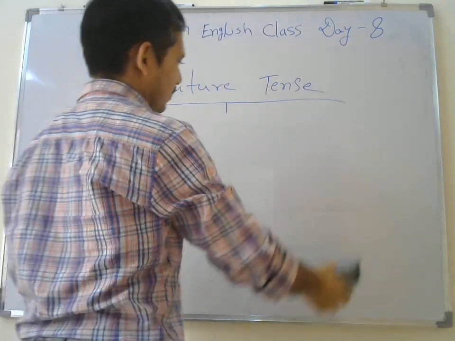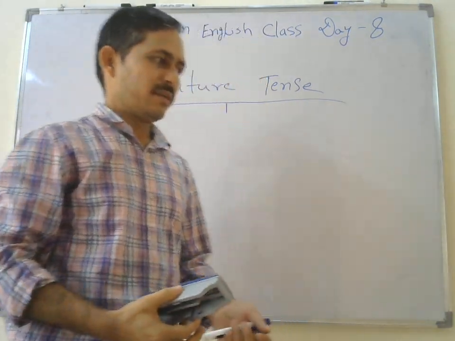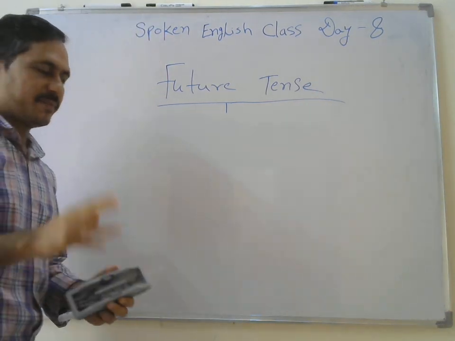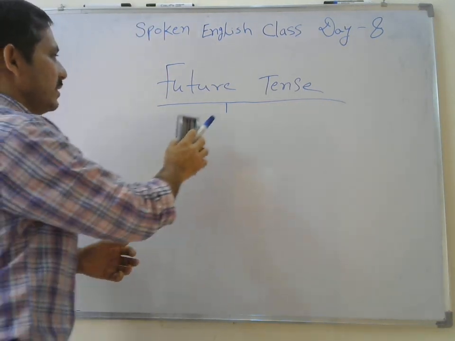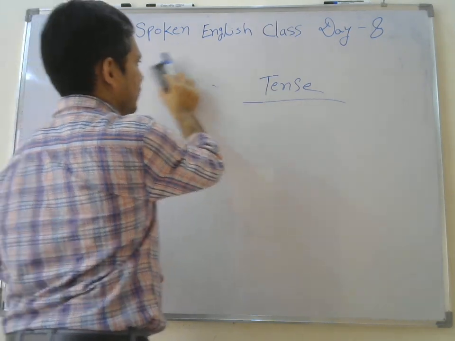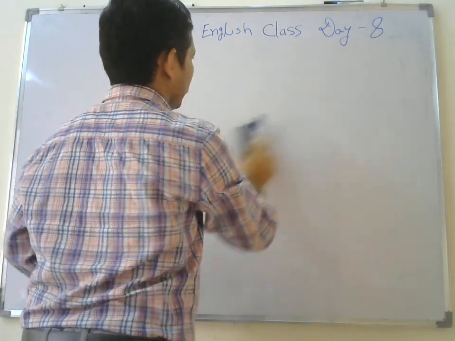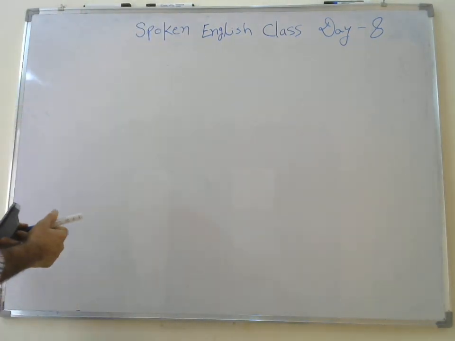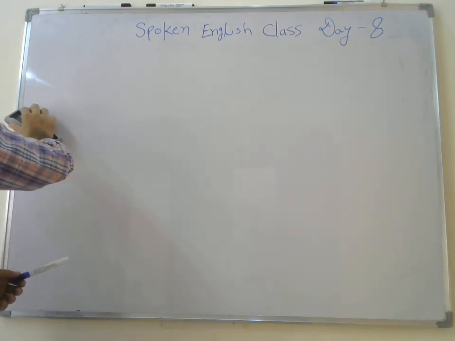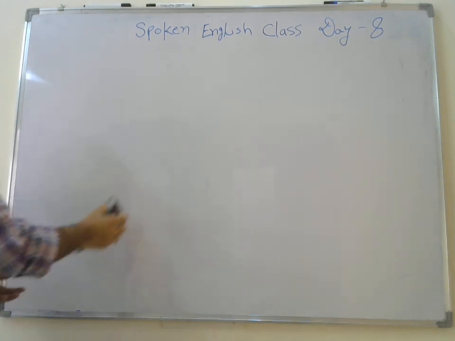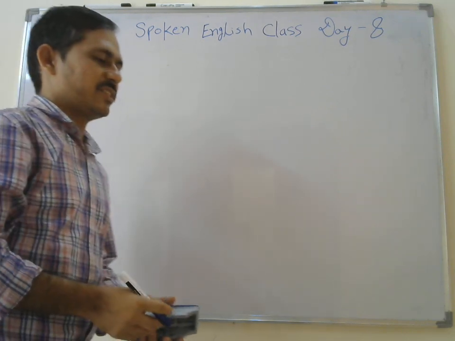All these tenses should be at your fingertips, friend. Remember, you need to practice in such a way that all these tenses are at your fingertips, because this is the base, this is the backbone of the language. This is the structure you will be using.